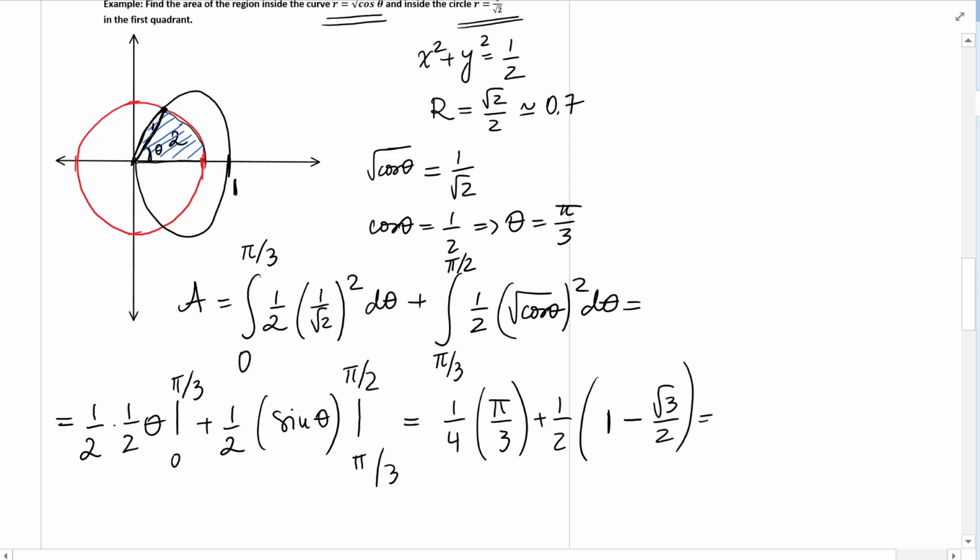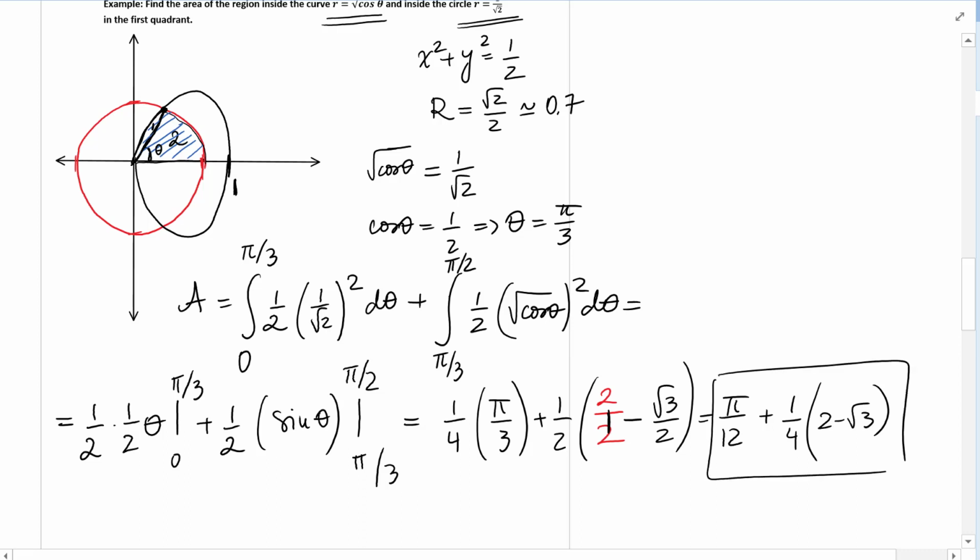So we get pi over 12 plus 1/4. If I put this 2 over 2 and factor out a 2, it's going to be 1/4 times 2 minus square root of 3, and we found the area.